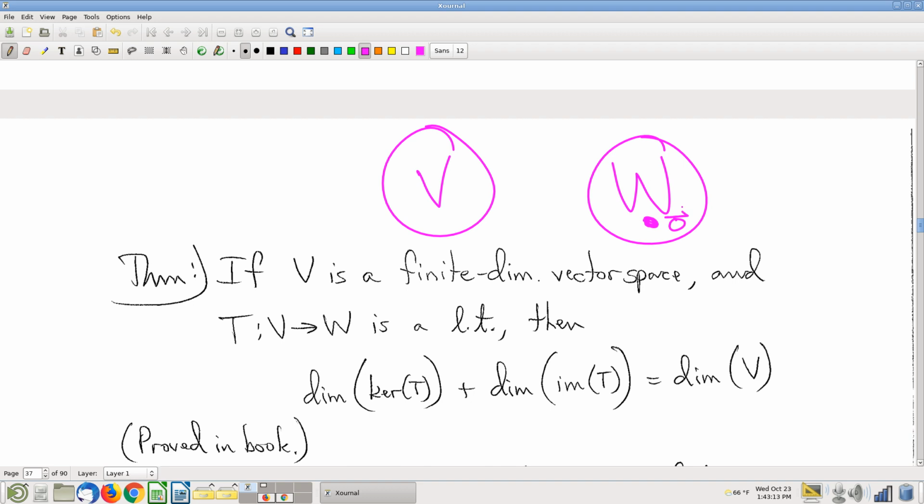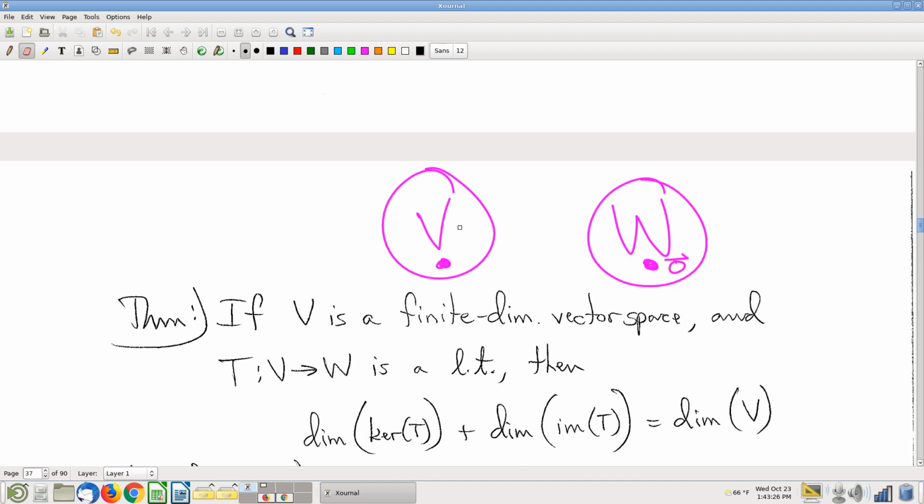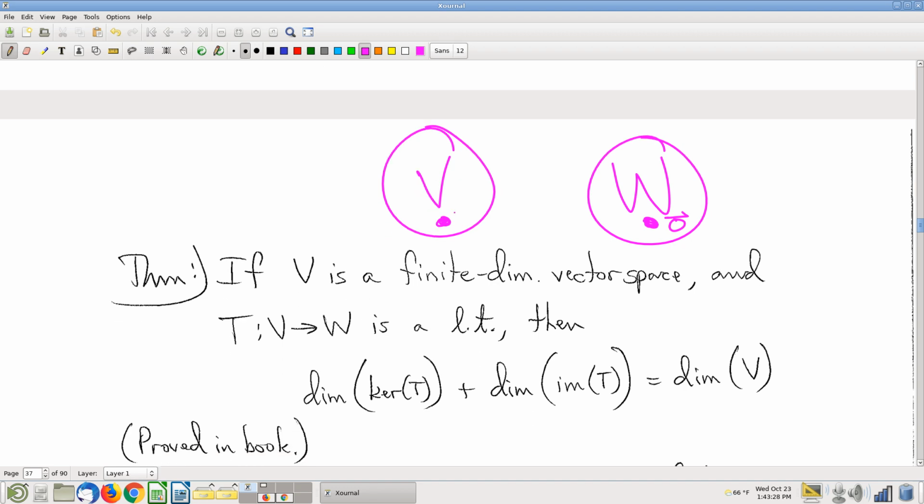Now, that means that the set of vectors that goes to that single zero vector is just a single vector, and side note, it is also the zero vector. This is the only vector that goes to the zero vector. And therefore, the kernel consists of just the zero vector. It's just an immediate consequence of it being a bijection.